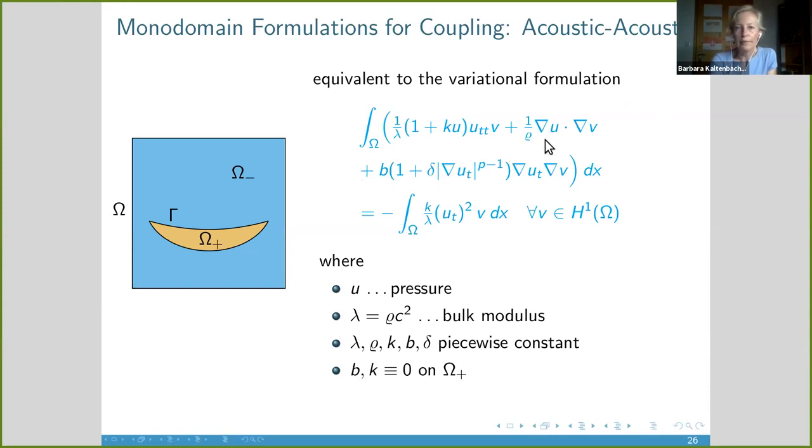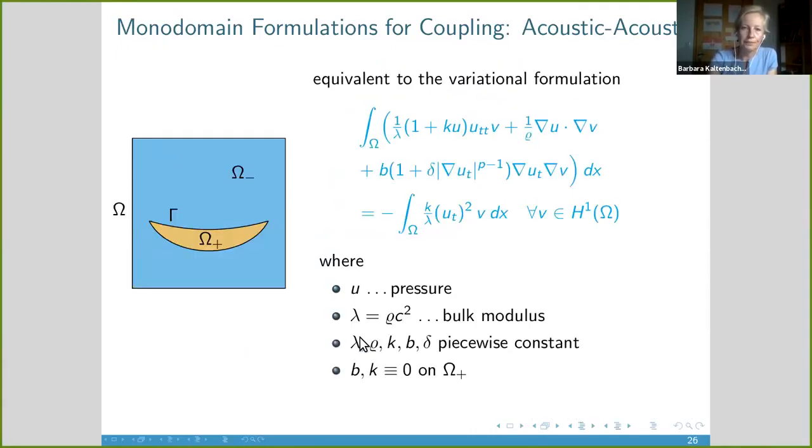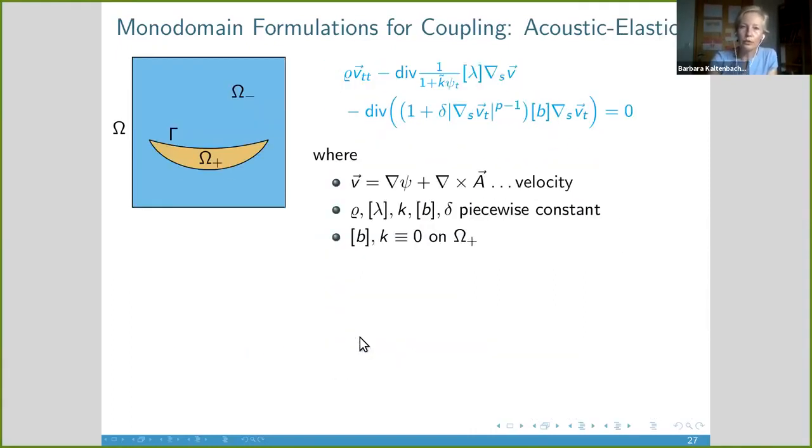So we have put the divergence over to the other side, and the boundary terms vanish due to these interface conditions. One can also do this in case of an elastic lens. And well, the quantity is now not the pressure anymore, but it's the velocity. So we have a particle velocity on both sides in both domains. And so this is a physical quantity that makes sense in both domains.